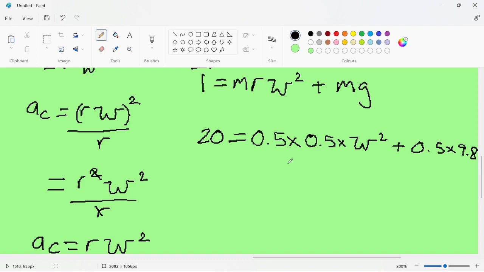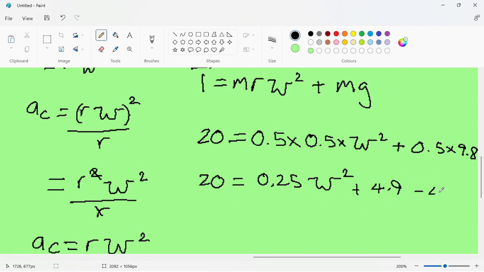It would be 9.8 newtons per kilogram, but newtons per kilogram has the same unit as meters per second squared. Now we do the multiplication, so we get 20 is equal to 0.25 omega squared plus 4.9.